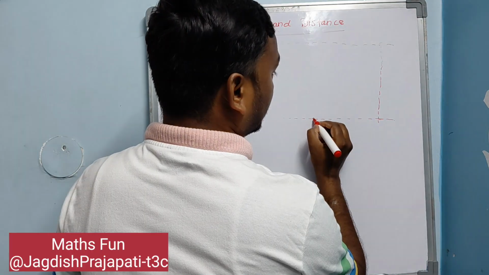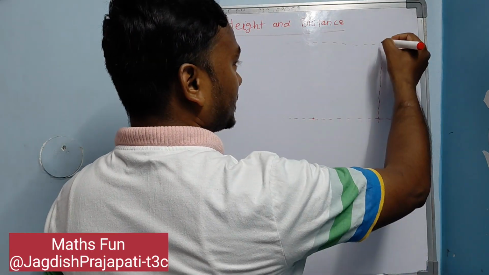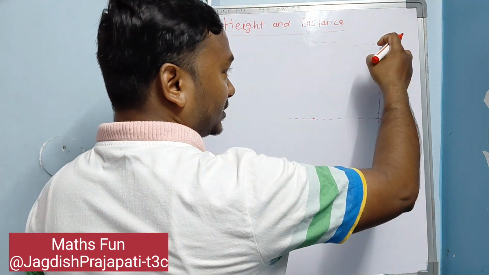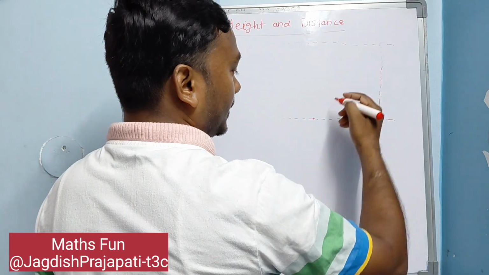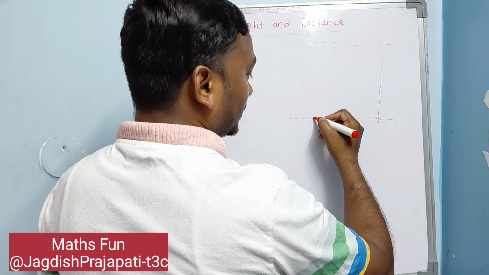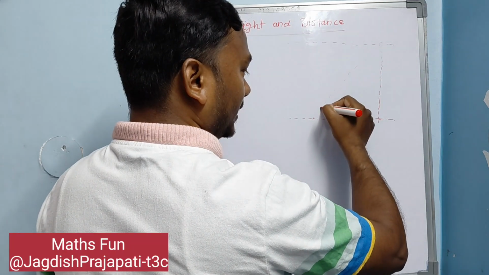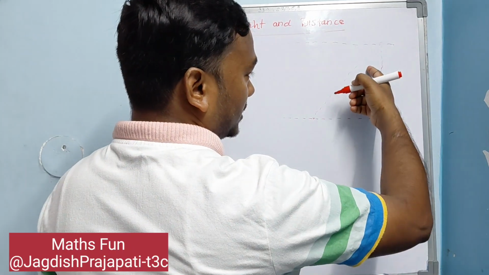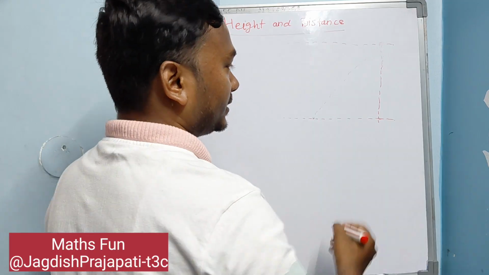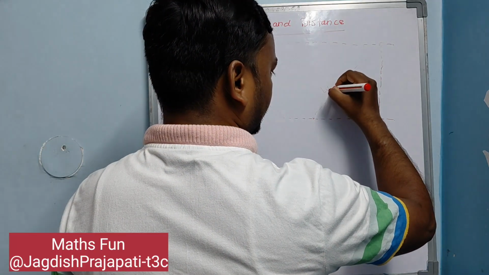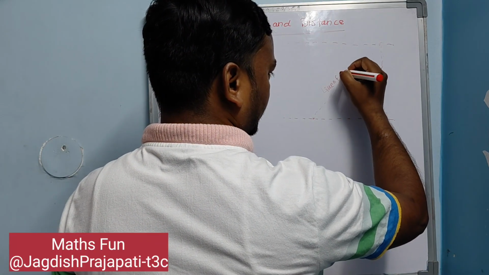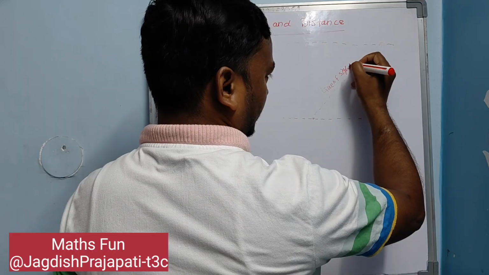Suppose the observer is seeing above this target. The line joining the target and the observer is the line of sight.